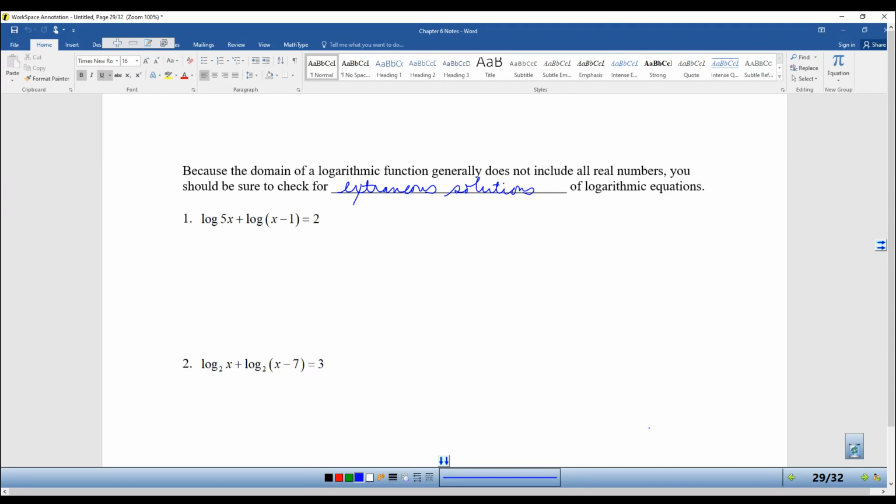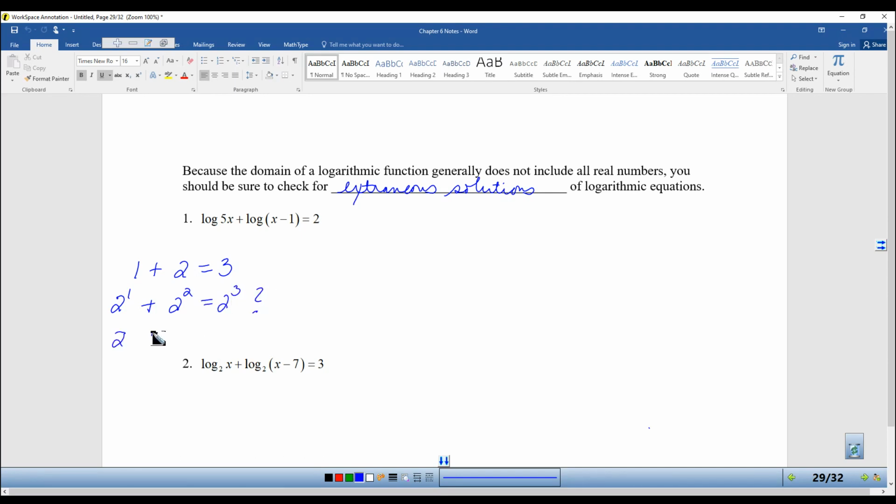But first, the more important thing is that I really want you to know that you cannot exponentiate individual terms. So let's just say 1 plus 2 is equal to 3. Agreed? But is 2 to the 1 plus 2 to the 2 equal to 2 to the third?